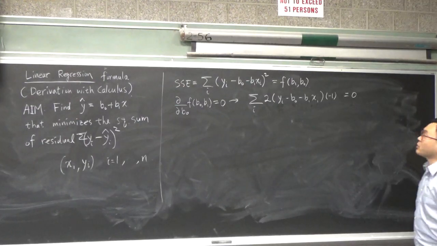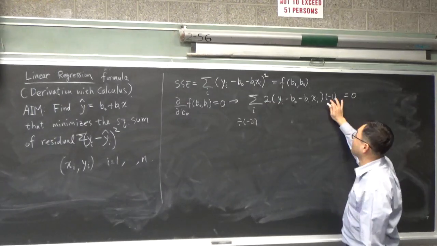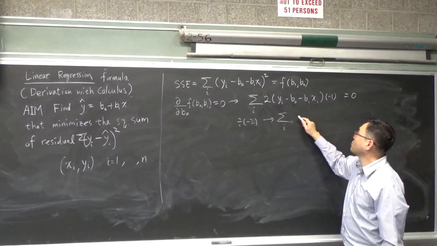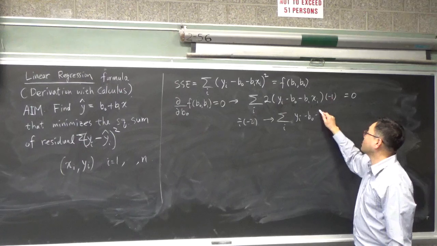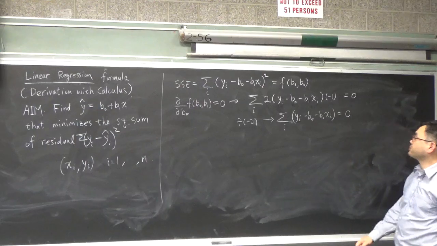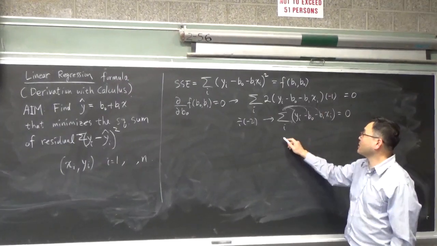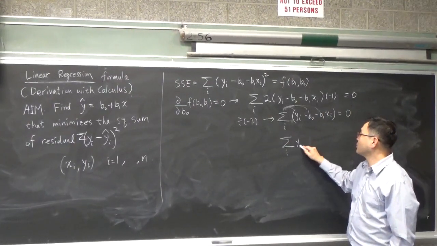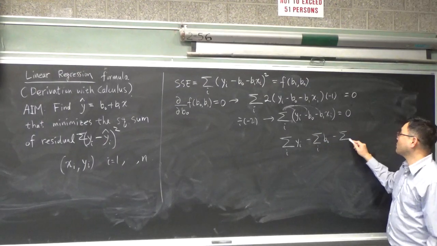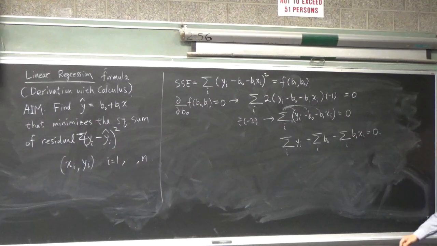Now let's try to rewrite what this means. I can divide both sides by -2 so that this 2 is going to go away, that -1 is going to go away. And what you get is the summation over yi minus b0 minus b1 xi should give me 0. And since summation is linear, we can add them separately and rewrite it as the summation of yi minus the summation of b0 minus the summation of b1 xi equal to 0, just like that.